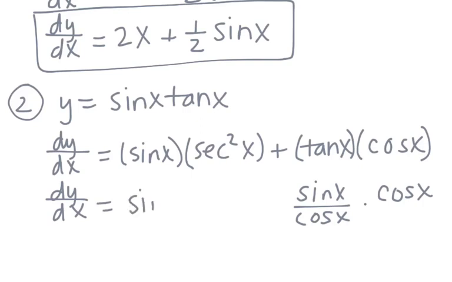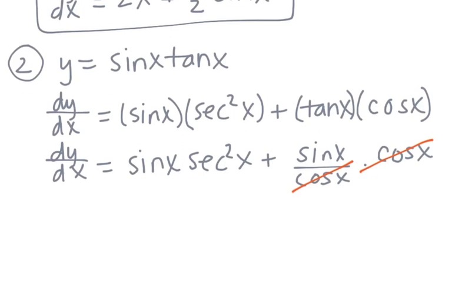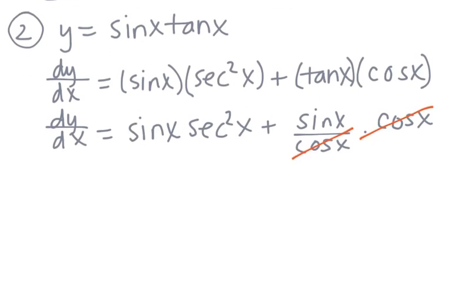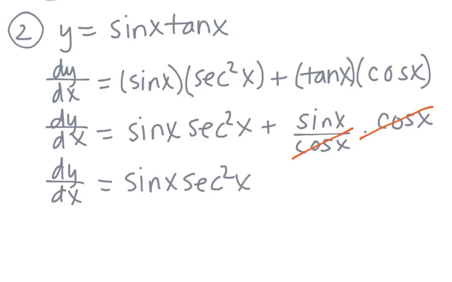So the first part is just going to say sine x secant squared x, and this part over here will actually be able to simplify to just a good old sine x. Okay, so our final answer in its most simplified form will be sine x secant squared x plus sine x.